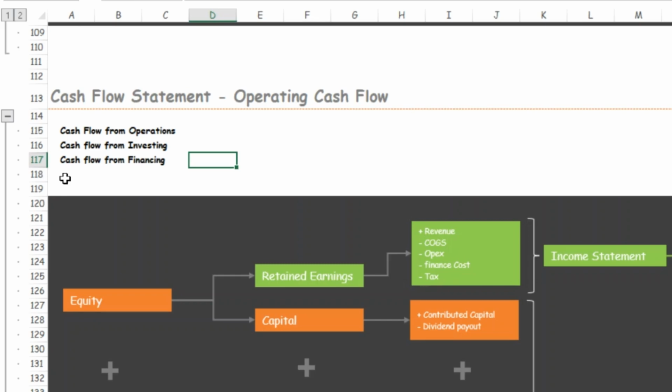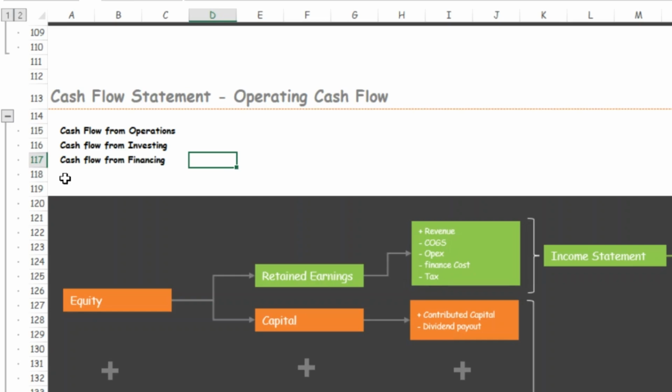What has been the cash out and cash in of the transactions within a particular period? The thing is that we use the balance sheet to derive these movements. So the cash flow statement is a derivative from the balance sheet.